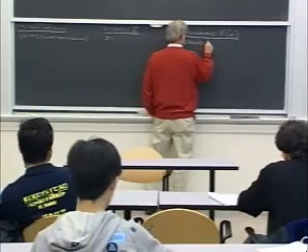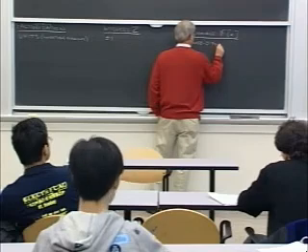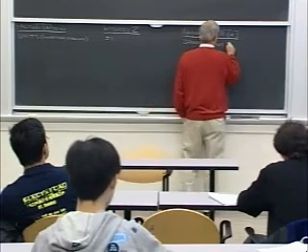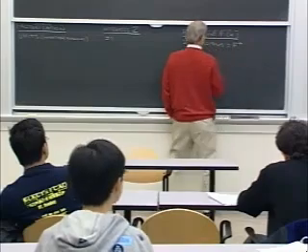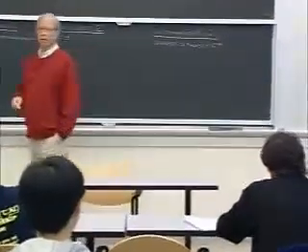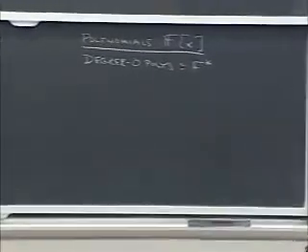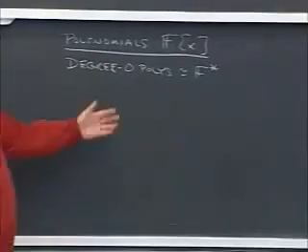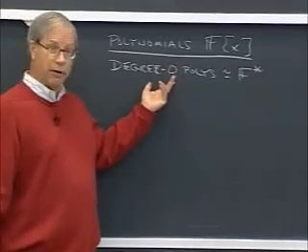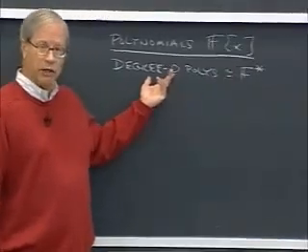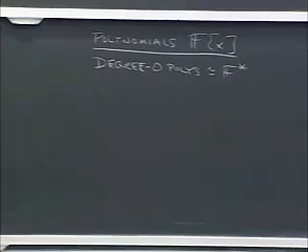The degree 0 polynomials have inverses because they are basically the non-zero elements of the field. Slight abuse of notation, we identify the field elements with the degree 0 polynomials. These are polynomials just of the form f of x equals f naught, a constant, where the constant is non-zero.